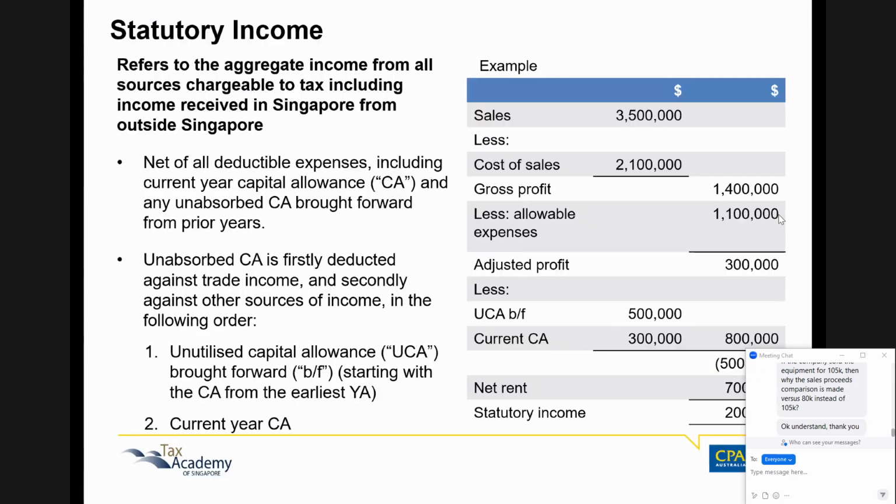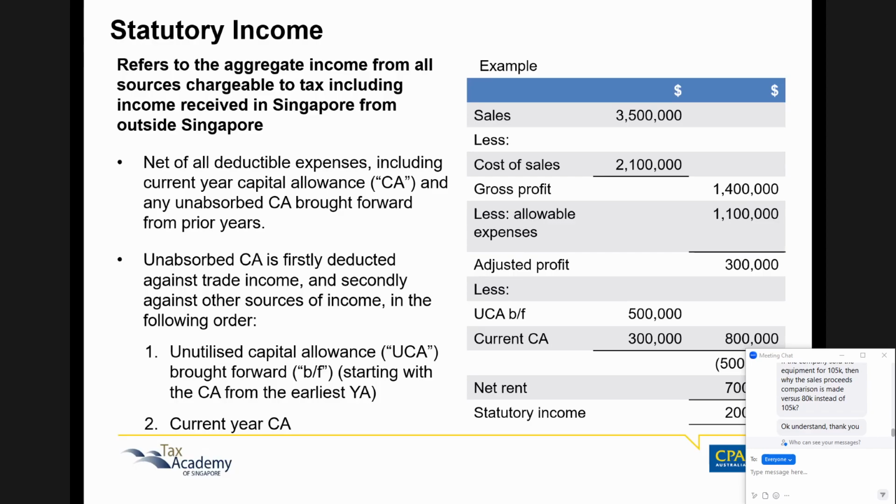Then we move on to look at your income, how we work out the taxable income, statutory income, etc. So you have seen the tax computation by now. I've shown you what the tax computation would look like. In this case, statutory income refers to aggregate income from all sources chargeable to tax.